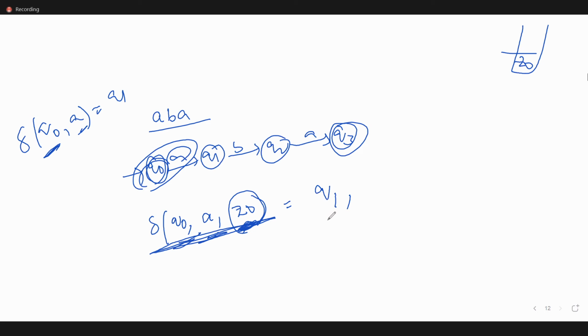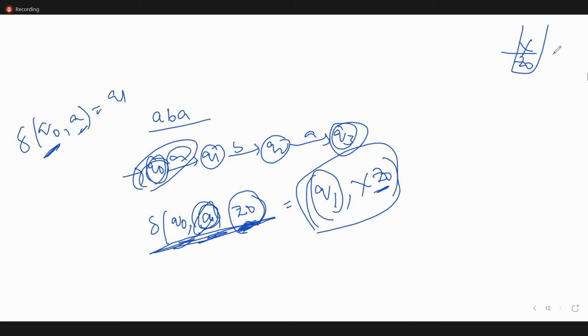The next input symbol will be something, which I simply call X. When I encounter A, I am pushing X into the stack, and the stack already has Z0. It goes to some other state, say Q1, and whenever A comes I push a variable X. I'm just assuming X, so I have transformed A into X. Next, Z0 is already available in the stack. Am I clear with this?